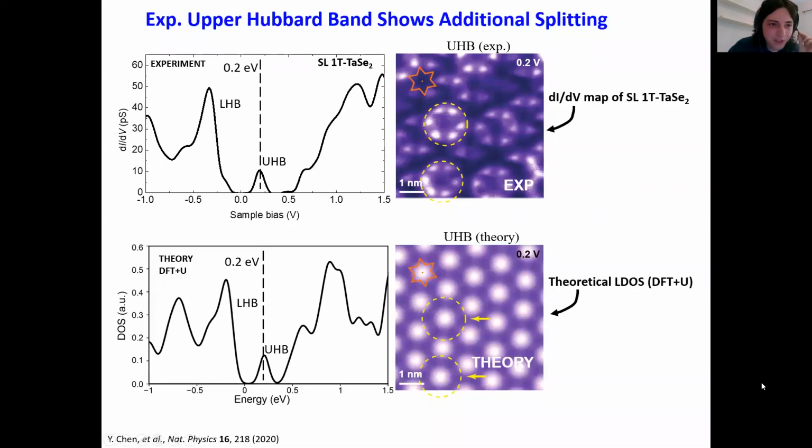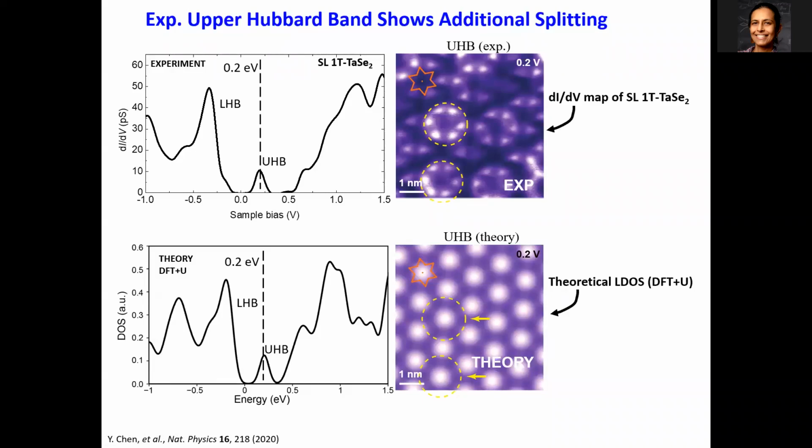Mike, sorry, there's a question by Vidya. Vidya, please go ahead. Mike, just very briefly, why is the position of the Fermi energy in the DFT calculation so close to the lower Hubbard band?